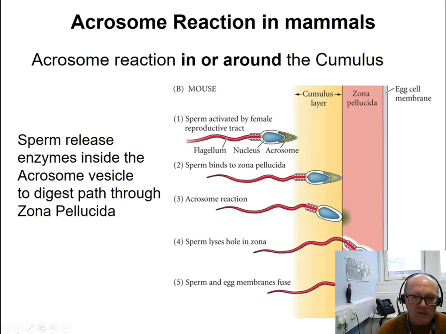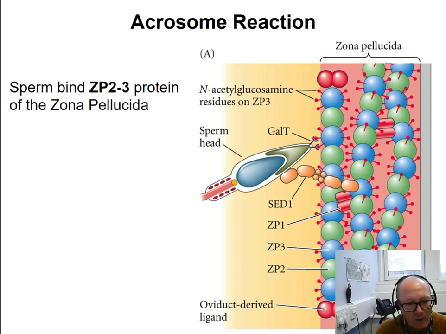This is important because the content of the acrosome includes enzymes that allow the digestion of the cumulus, and allow the sperm to swim toward the zona pellucida. Also, the acrosomal reaction allows the exposure of some of the receptors that are required for the recognition of the sperm and the zona pellucida proteins.